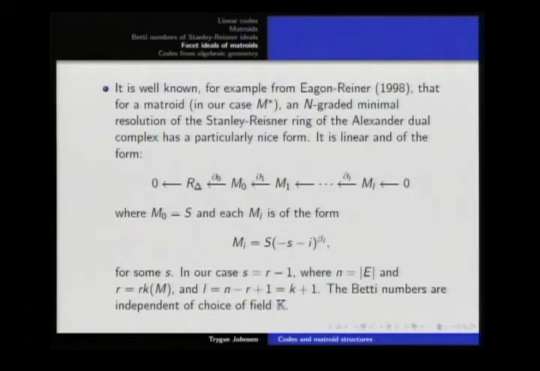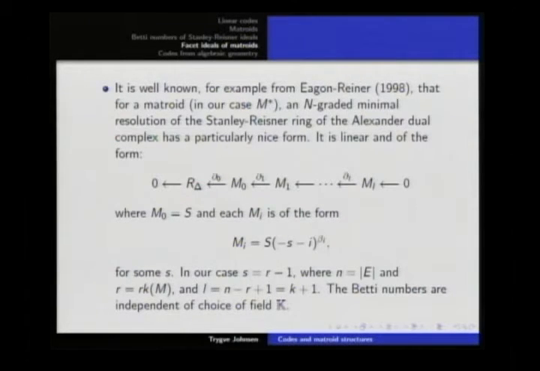So we know that. And we also know the length of this. And the Betti numbers are independent here again of the choice of the field K, even if they are not independent for general simplicial complexes, as we have seen before also, I think, from other lectures. So you get some nice Betti numbers here.